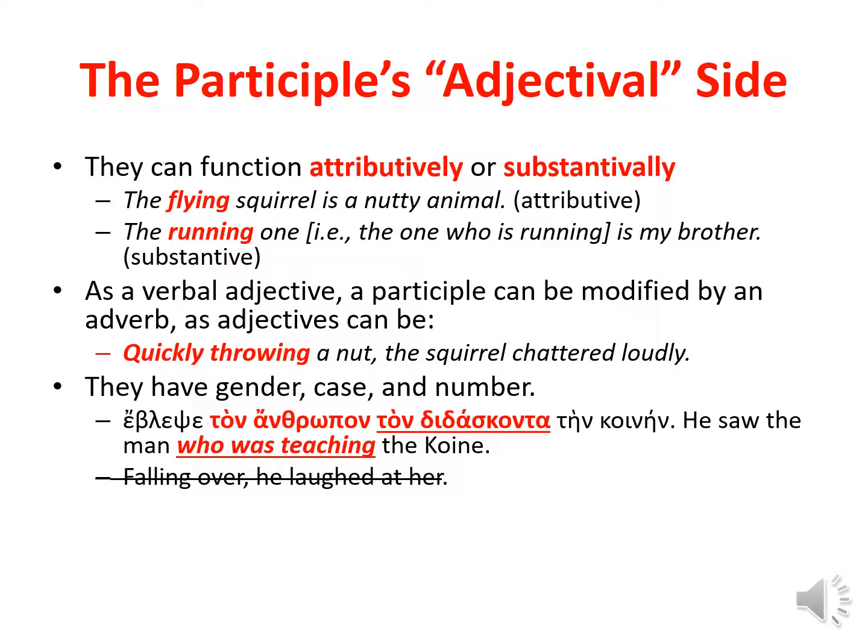Is he falling over while laughing, or laughing as he falls over, or is he laughing at her who has fallen? Now, Greek would make this perfectly clear by the grammatical information contained in the case ending, which is going to tell you the gender, case, and number. So that participle, falling over, would have either a feminine or a masculine ending depending on whether it was modifying he or her.